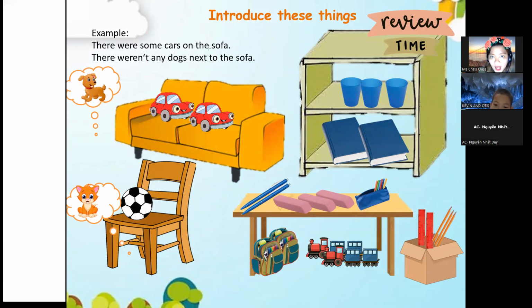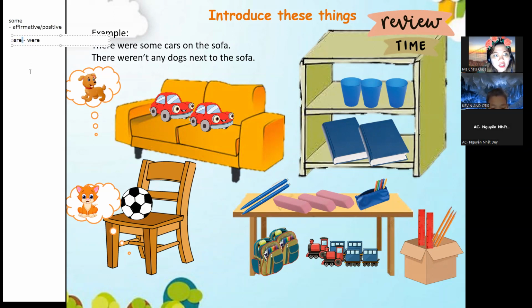We use some to indicate sentences that are in affirmative or passive state. Okay? For example, there were some cars, there were some apples, all right? So affirmative. Again, are is for the present tense and were for the past tense.